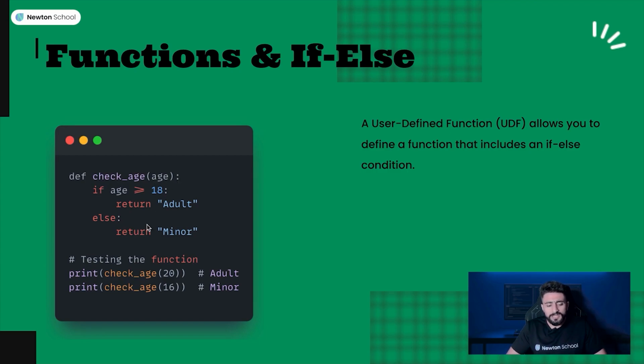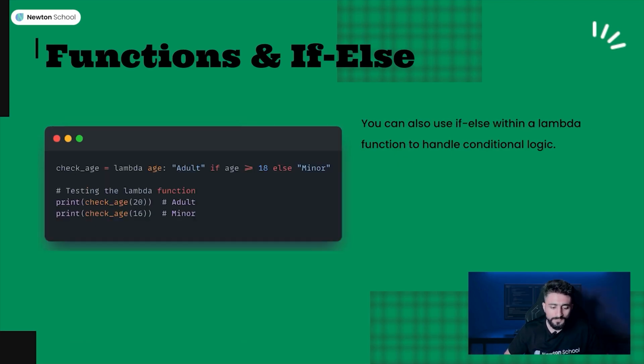Inside it, you are using conditionals: if age is greater than or equal to 18, return adult, otherwise return minor. Return is nothing but the function returning something. So a user-defined function allows you to include if-else conditions as well. A function is just a small machine out of the big machine, which is your complete program. That small machine can have any type of code, as simple as that.